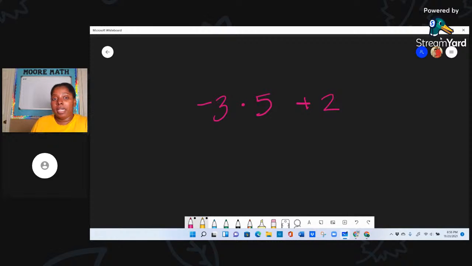Multiplication. So I want you to do negative 3 times 5 first, and then add 2. So what's negative 3 times 5? Negative 15. Good. And now it's negative 15 plus 2. Negative 13. Excellent. Good job.